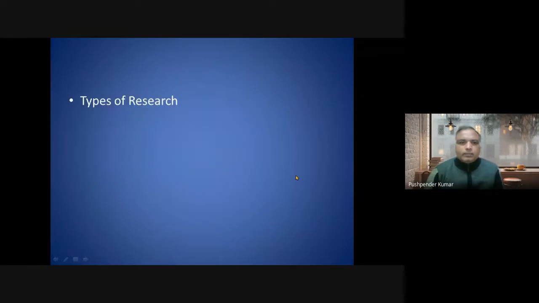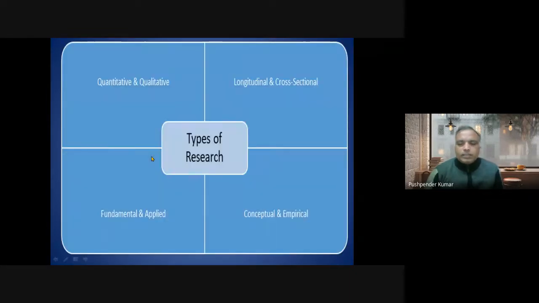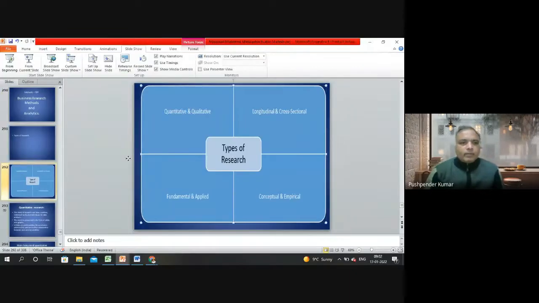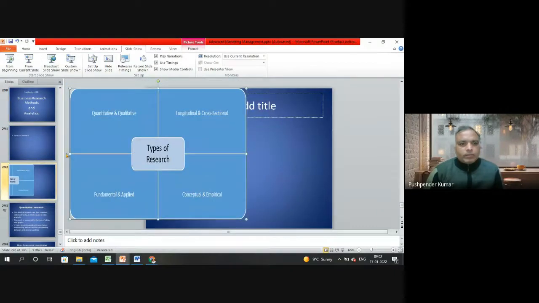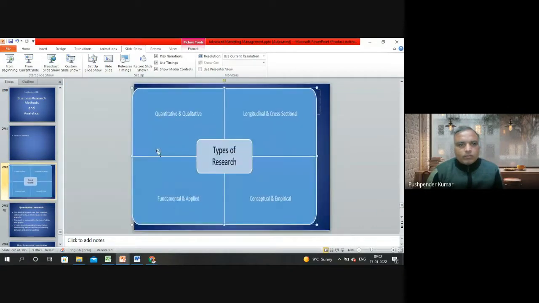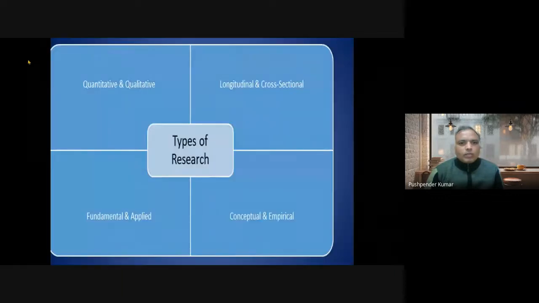We are going to discuss today different types of research. On the one side, we collect data from individual potential customers or those who are using our goods and services.